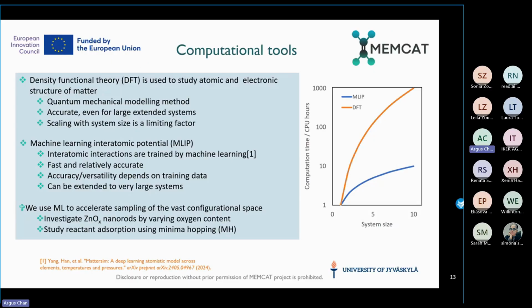What we typically use, like I said earlier, is the density functional theory method. It's the most accurate method that people can use in heterogeneous catalysis. But the problem is that the scaling with the system size is a limiting factor, so we can only look at very small systems. What we have employed in this project is also machine learning approaches to search for the structure motifs for active sites.